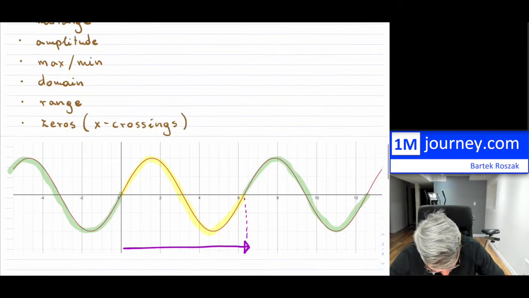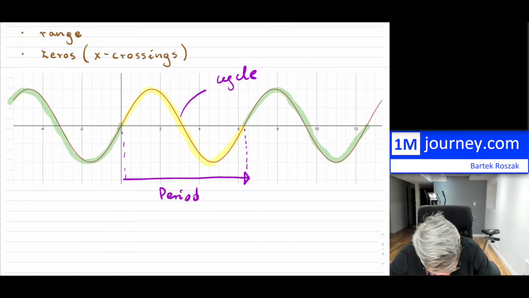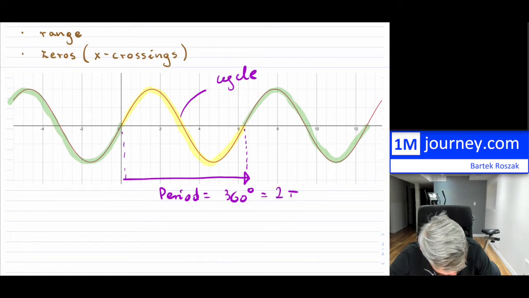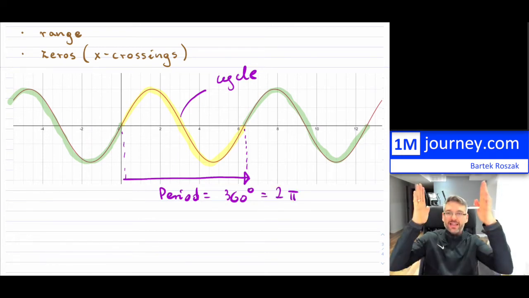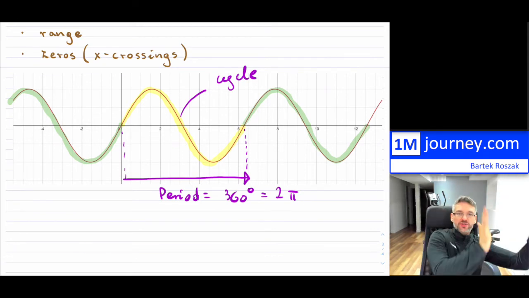So this is a cycle, and this is the period. The period is equal to 360 degrees, or it's equal to 2 pi in radians. That's the length of our periodic function. And after that, it just keeps repeating and repeating and repeating.